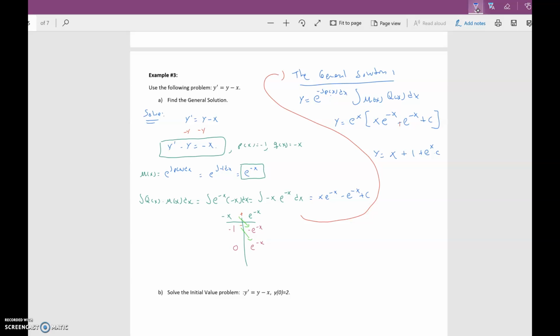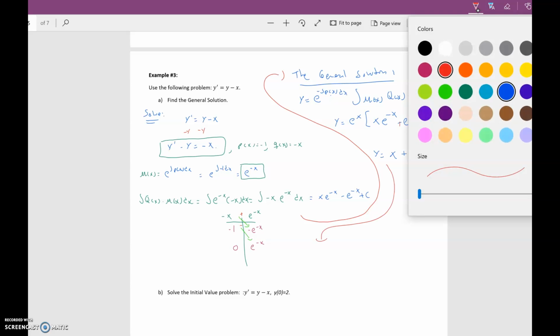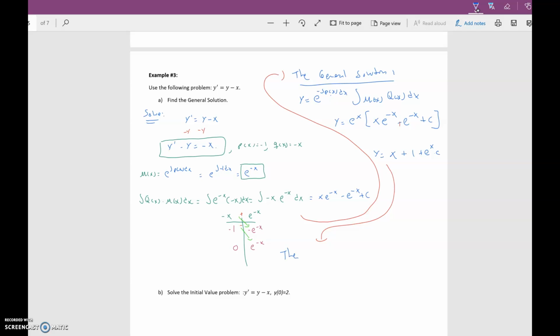So the general solution is y is equal to x plus 1 plus c e to the x.